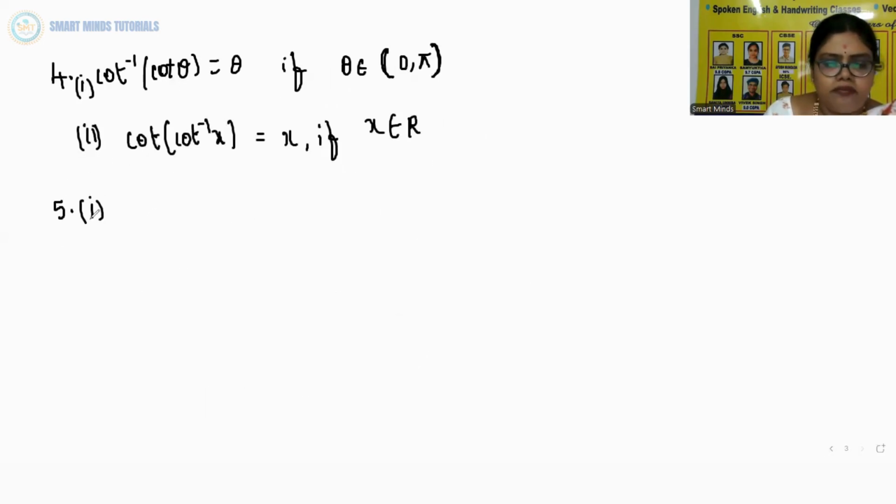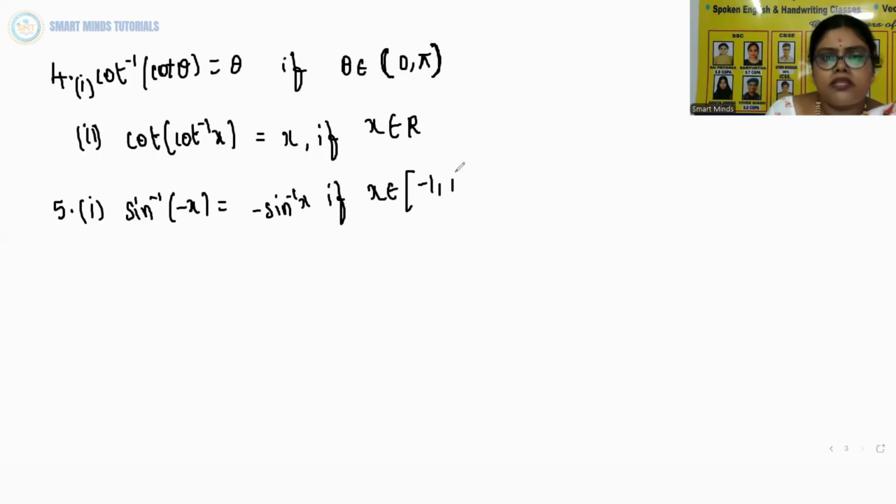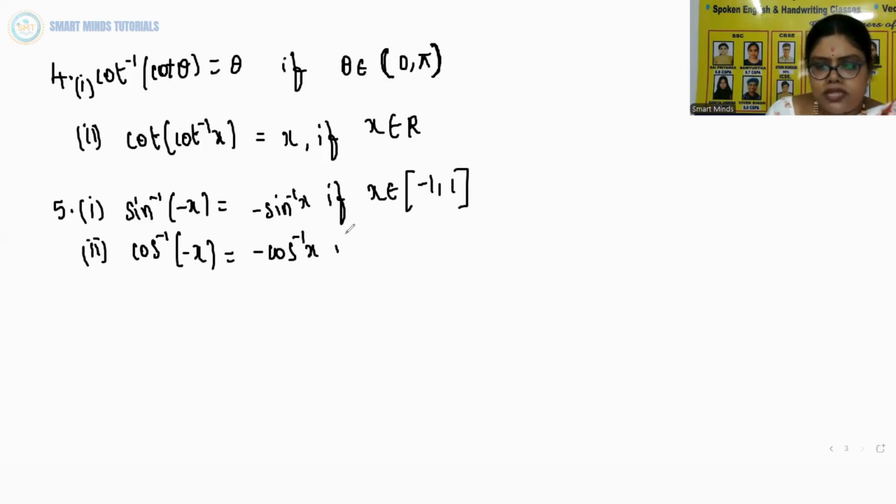Next, number 5. Sine inverse of minus x equals minus sine inverse x if x belongs to closed interval minus 1 comma 1. And the second formula is cos inverse of minus x equals minus cos inverse x if x belongs to the same interval minus 1 comma 1.